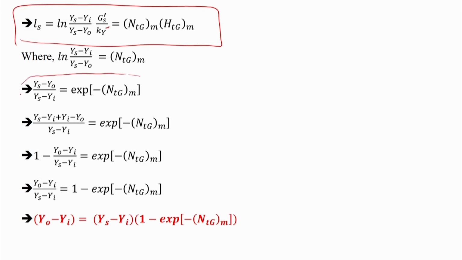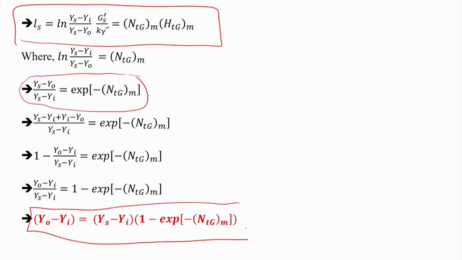From there, by manipulation, we get the relation between the humidity of the drying gas at the exit and at the entry.